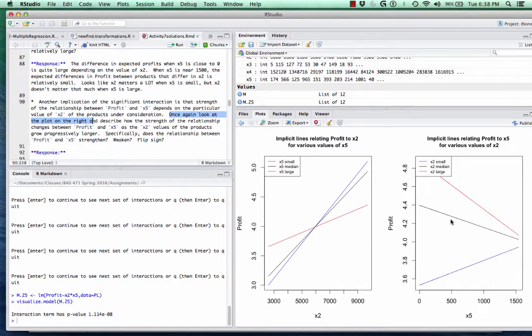So if we start out with products with x2 values that are small, the blue line, we see that the relationship is somewhat positive. And as we increase the x2 values of the products that we're comparing, we go from the blue line to the black line, then finally to the red line for large values of x2. So what we see is that the relationship actually flips sign.